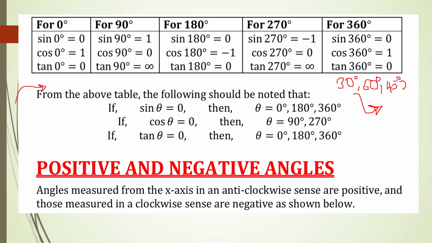So for the other angles that are going to be common in our assessments and in our items, we are going to be using calculators to attain those angles. Here, the most common and obvious angles are going to be 90 degrees, 180 degrees, 270 degrees, together with 360 degrees.